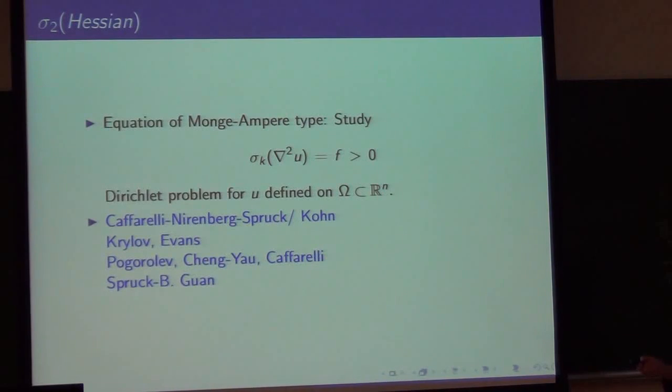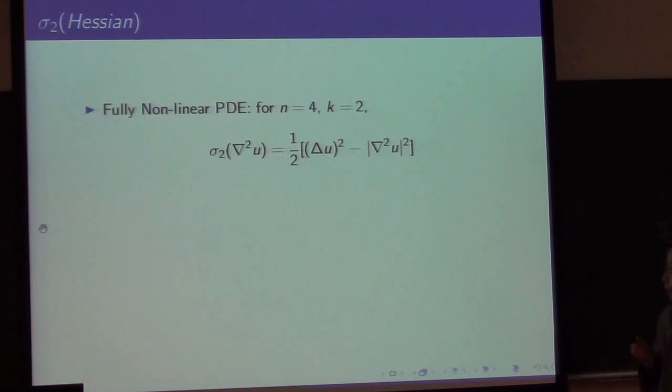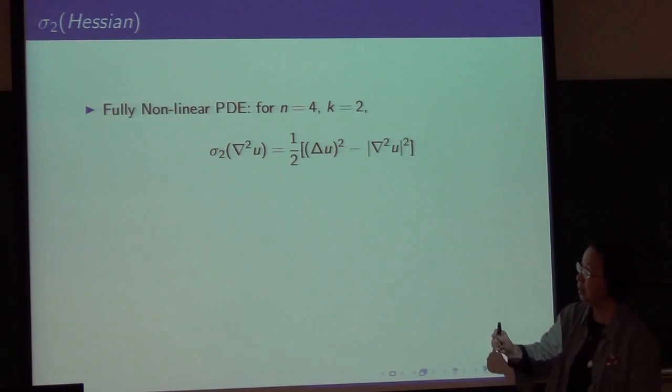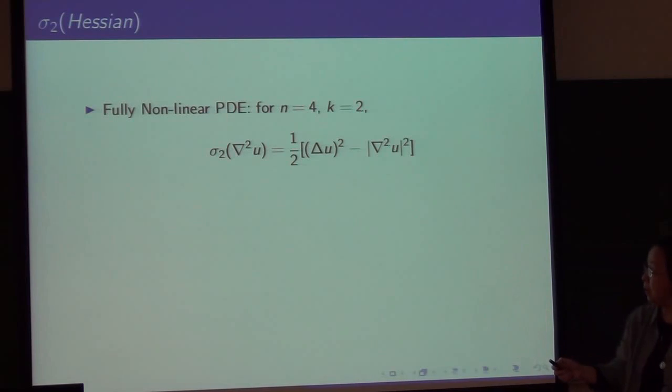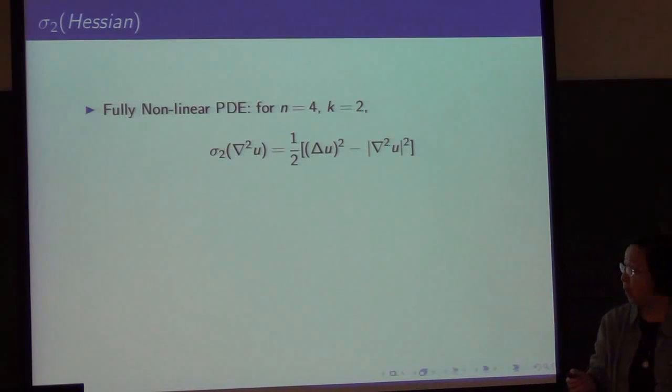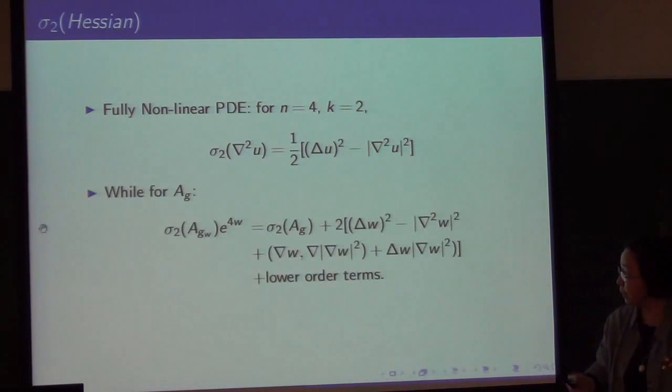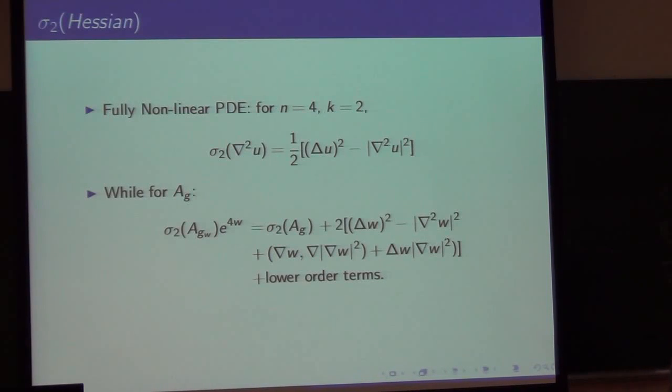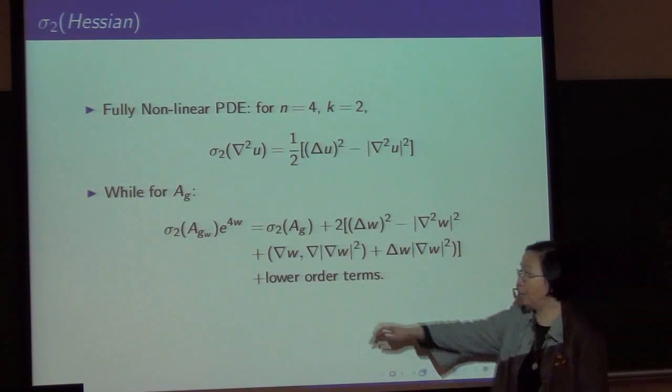So that means we can apply the technique on R^n and move it to manifolds and study the integral which we are interested in. For example, let me restrict to the special dimension 4, and if we are studying the second symmetric function, then for the Hessian of u, this is just (Laplace u) squared minus |Hessian u| squared. But on a manifold, for the Schouten tensor, notice that we have a lower order term.